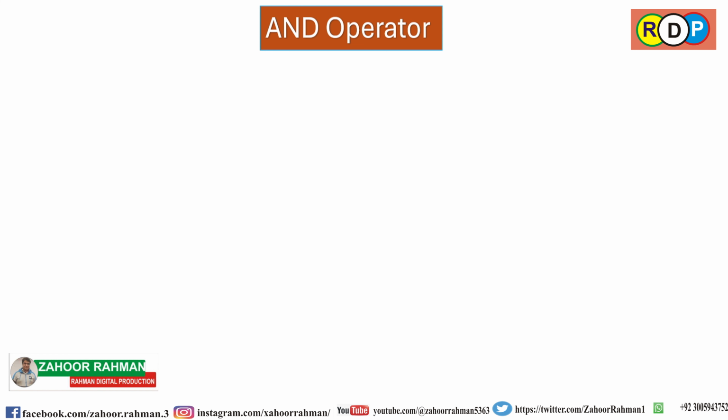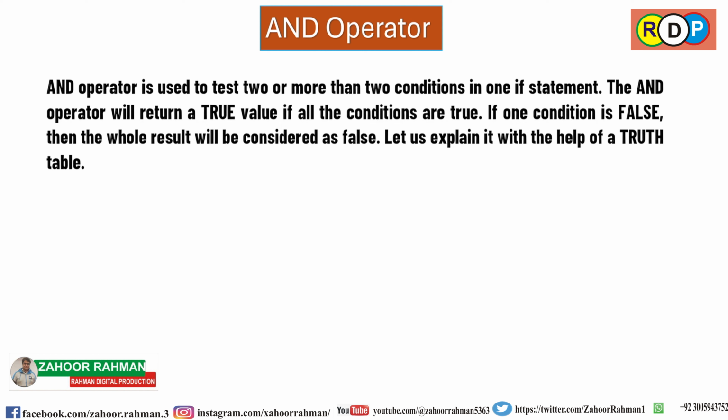So if there are two conditions, one condition returning one value and the second condition returning another value, now the whole of this expression will be considered as a single returned value. So the AND operator is used to test two or more than two conditions in one if statement.